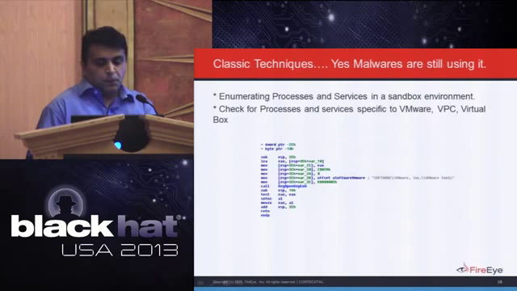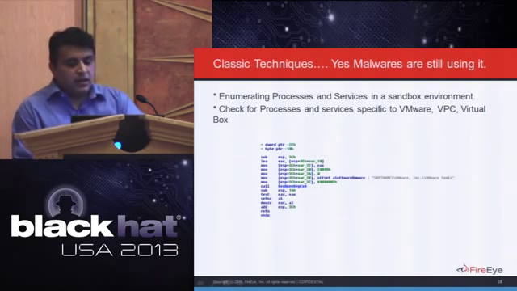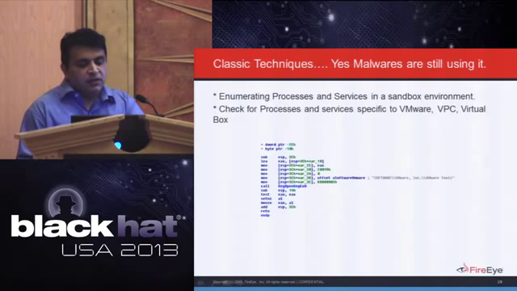In order to create a sandbox, we can use VMware, Virtual PC, or VirtualBox, and all these applications have very specific processes and services. So one very commonly used technique is to enumerate all the processes and services in a sandbox.